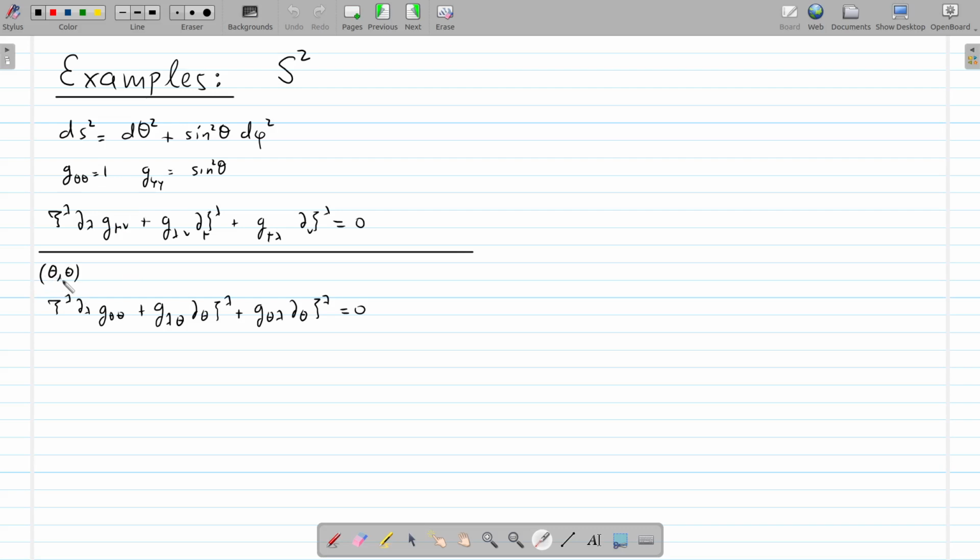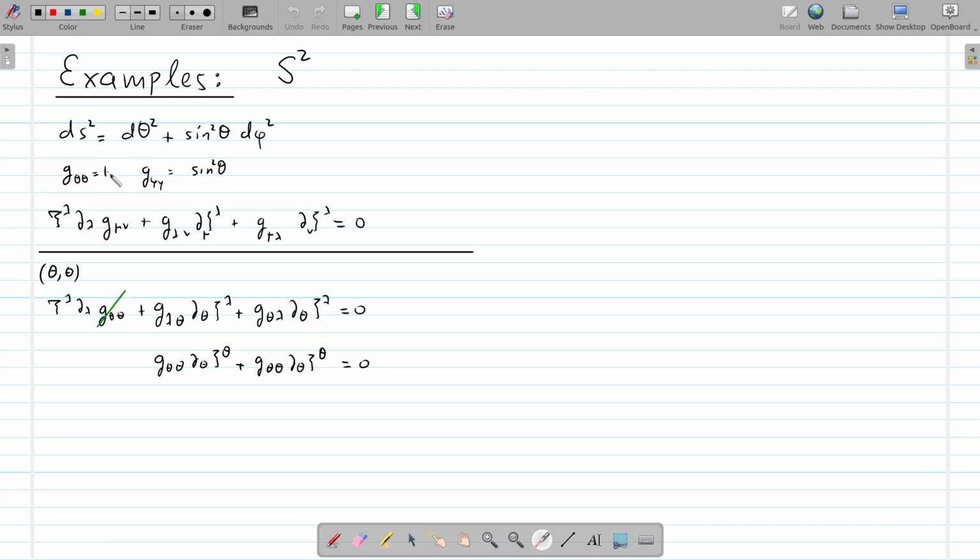So let's start with having mu and nu to be theta and theta. So wherever we see mu, we put theta, and nu substituted with theta too. And then when we sum over lambda here, we keep only the non-zero terms, and we notice that these are non-zero only whenever we have the diagonal components of the metric.